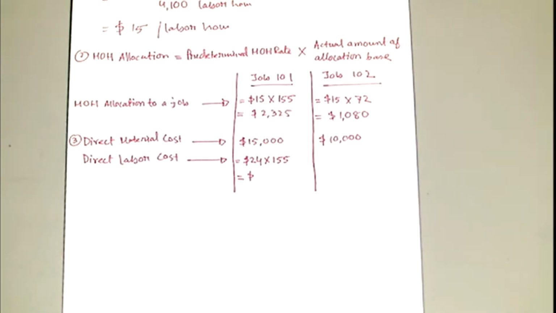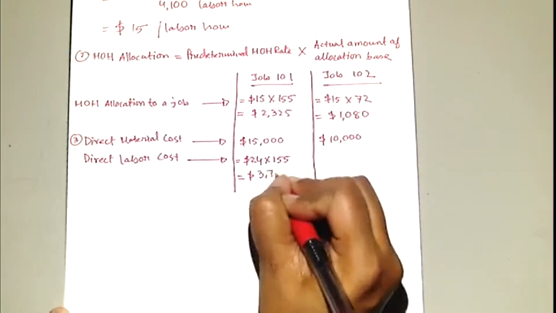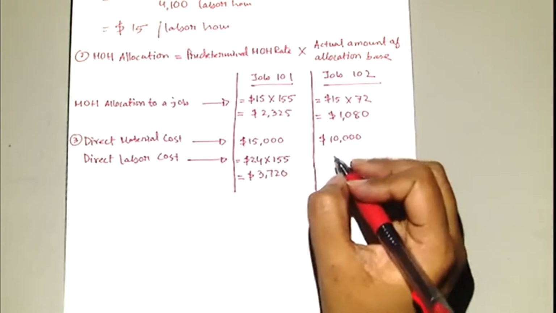24 is your wage rate, and 155 hours your labor worked for this job. So total is how much? Daniel, you want to try? It's 3,720. Excellent. Daniela, can you continue, please?